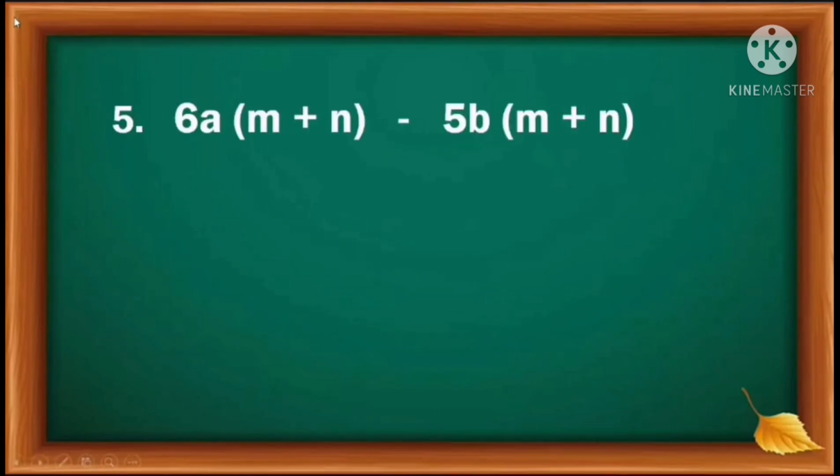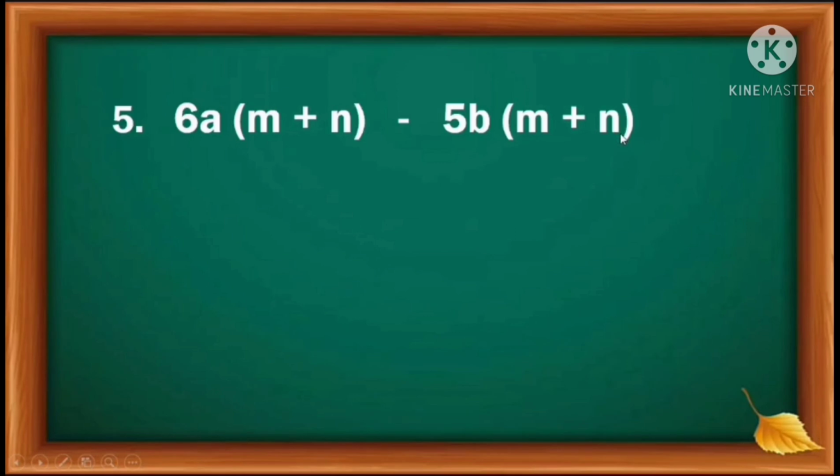Okay, example number 5, we have 6a times the quantity m plus n minus 5b times the quantity m plus n. Kung mapapansin natin, obviously, may nakikita na kaagad tayo na common factor, which is m plus n. May m plus n dito, may m plus n din dito.